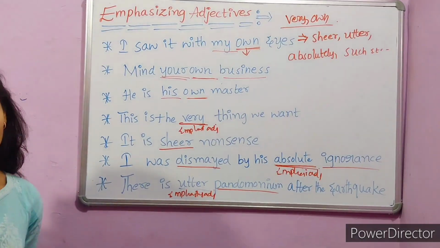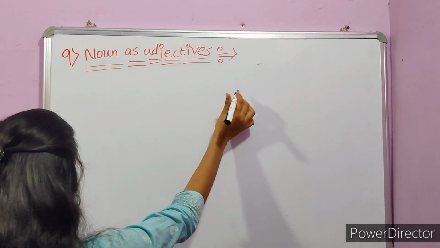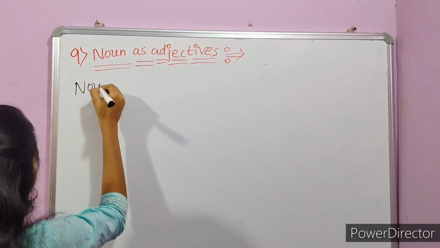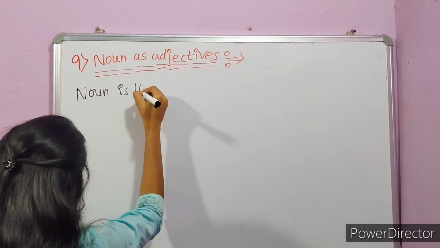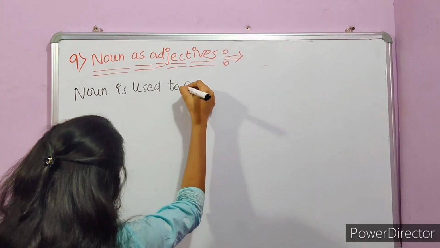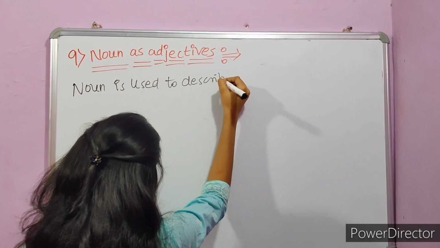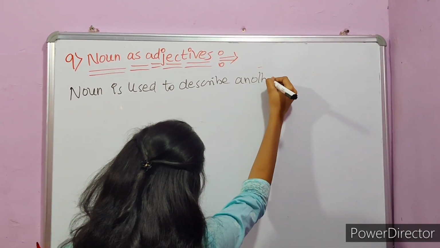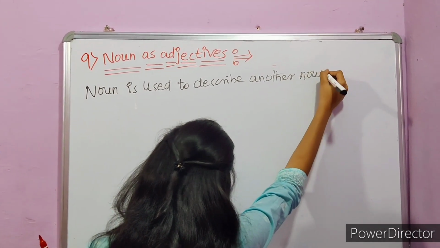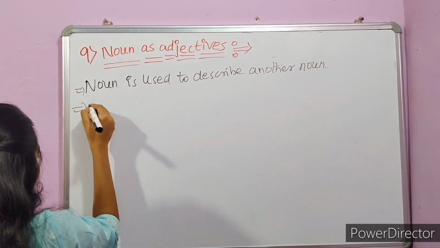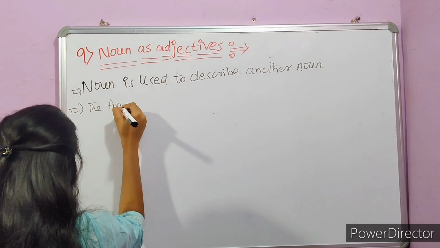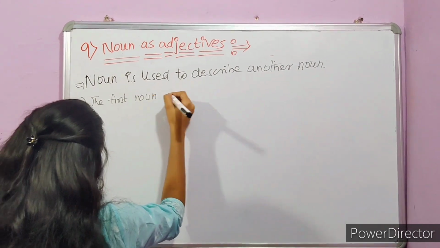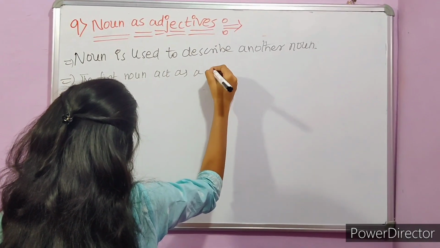Noun as adjectives. A noun is used to describe another noun. The first noun acts as an adjective.